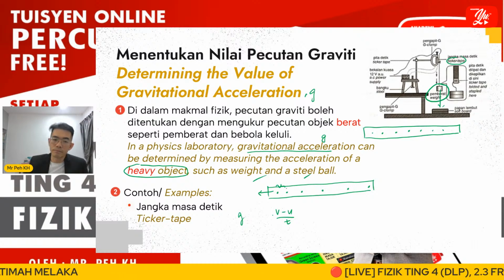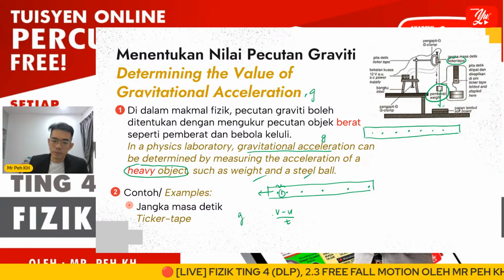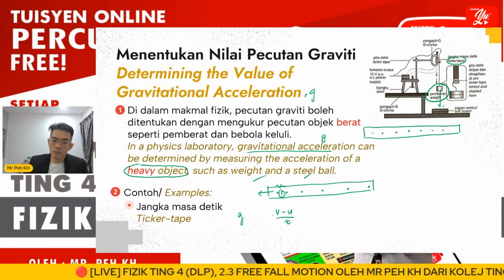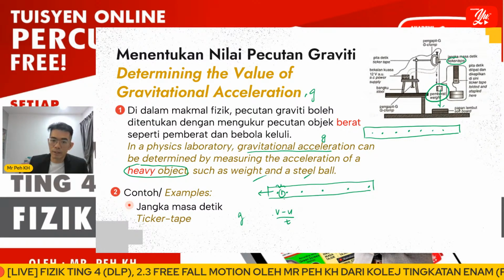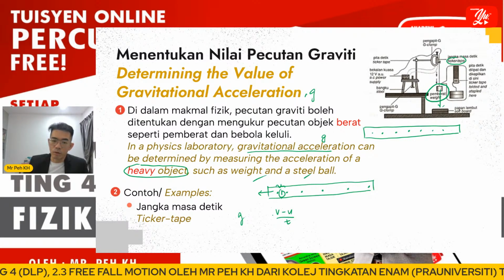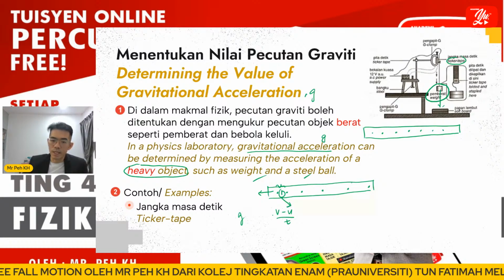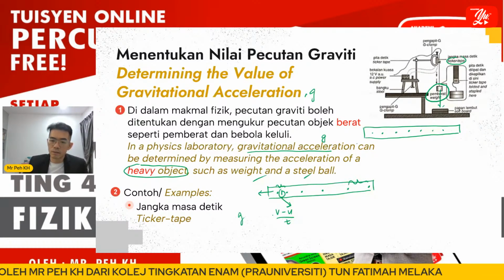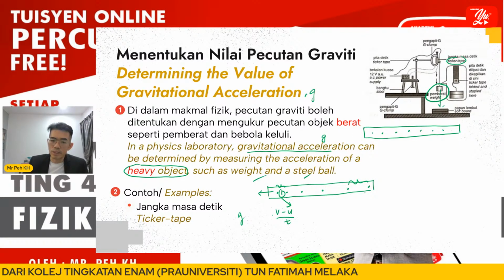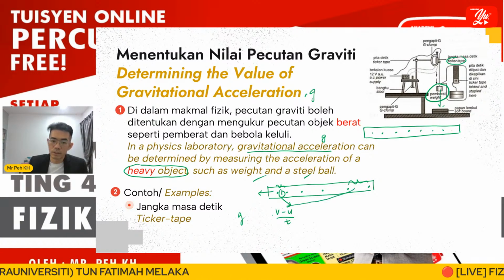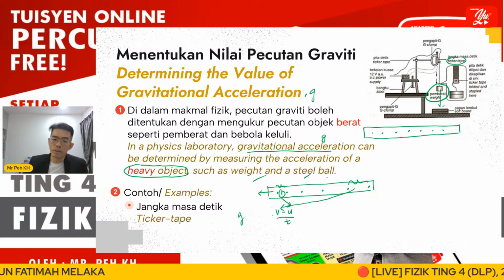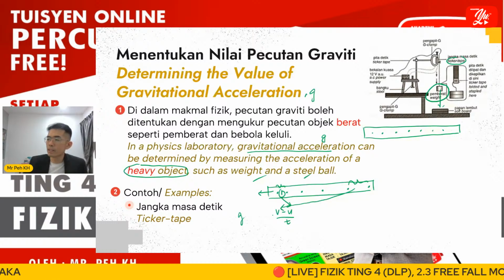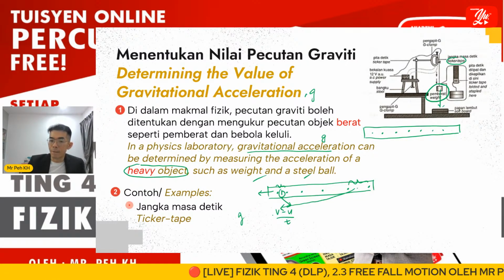You can use the first tick, over 0.02, then you get your u. Then for the last tick, you just measure the distance and divide by 0.02, then you get your v. Then t, you have to calculate, you have how many ticks, minus 1.